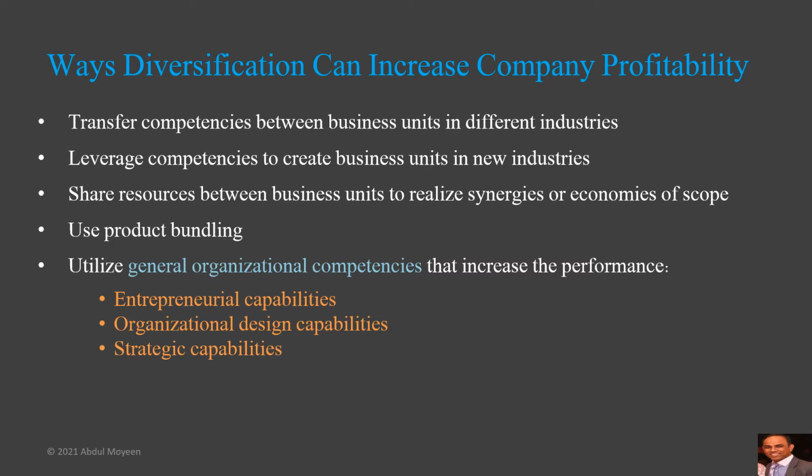There are three kinds of general organizational competencies that help a company increase its performance and profitability, and these competencies are called entrepreneurial capabilities, organizational design capabilities, and strategic capabilities.